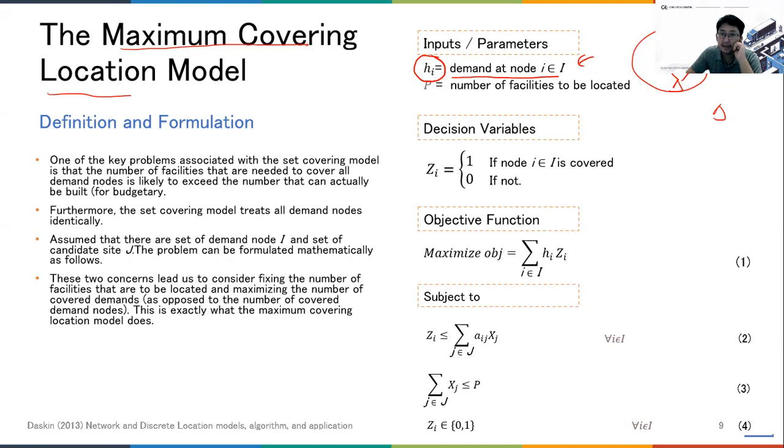For example, perhaps this is the number of people here or here, right? The population of the people in this current location should be larger than this one, something like that, if you want to cover those locations.